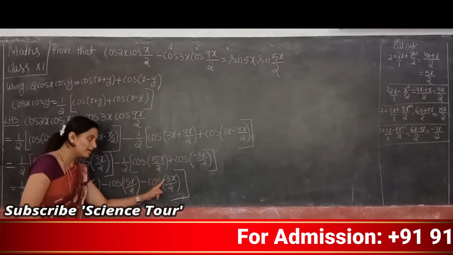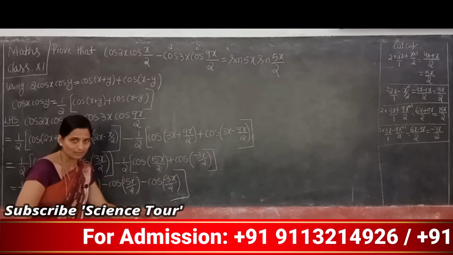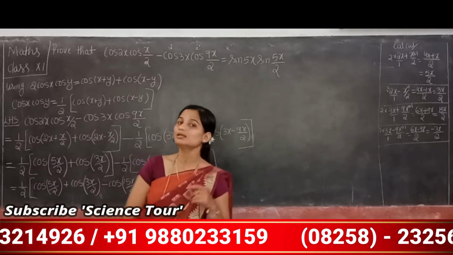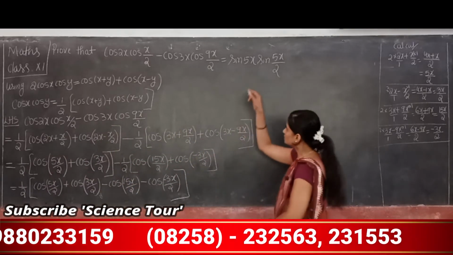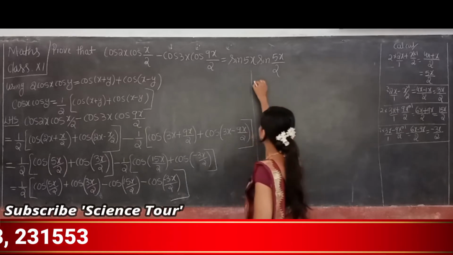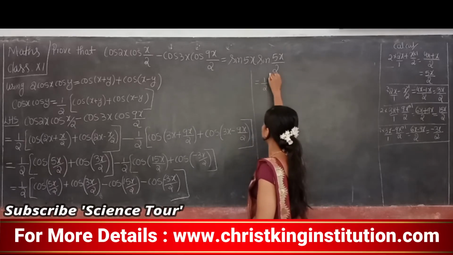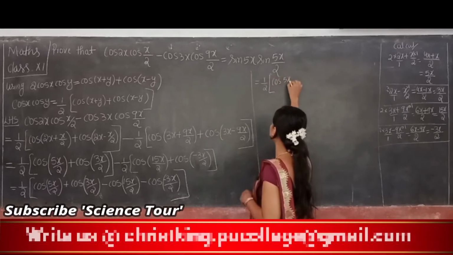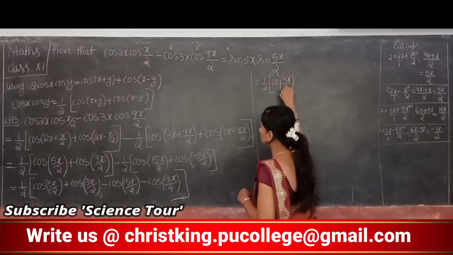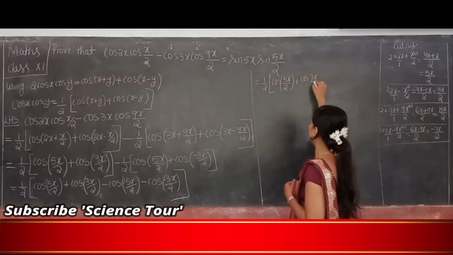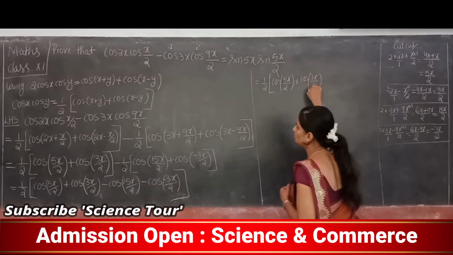Cos minus 3x divided by 2, it is in the form of cos minus x. So use the formula for that, which is equal to half, cos 5x divided by 2 plus cos 3x divided by 2, correct, no?